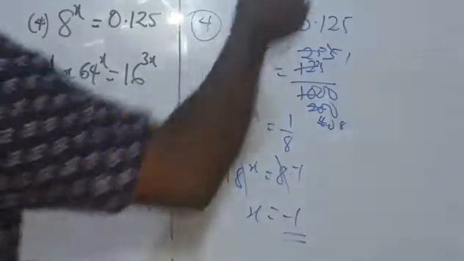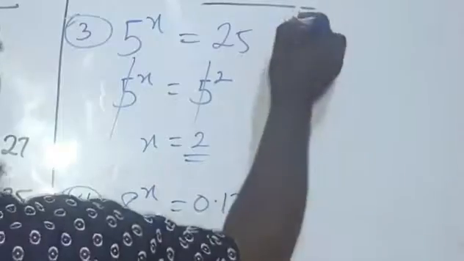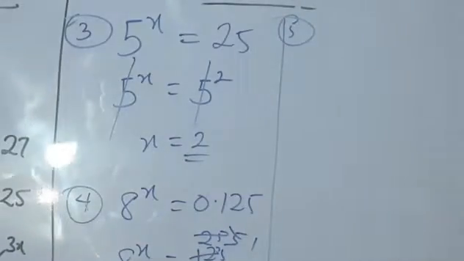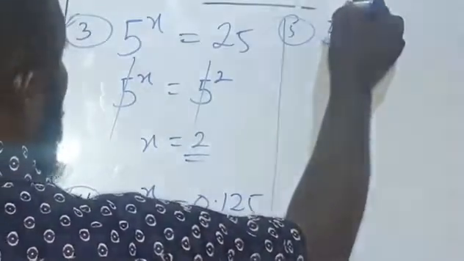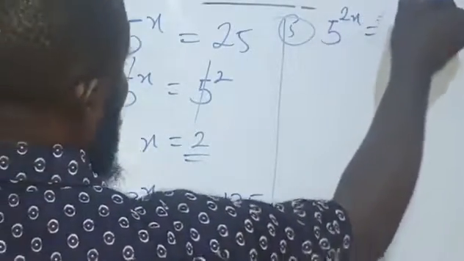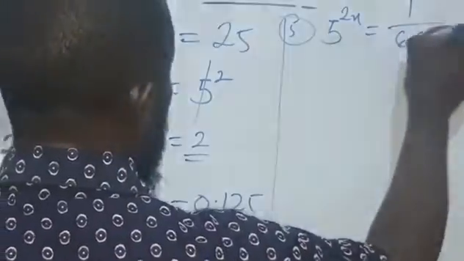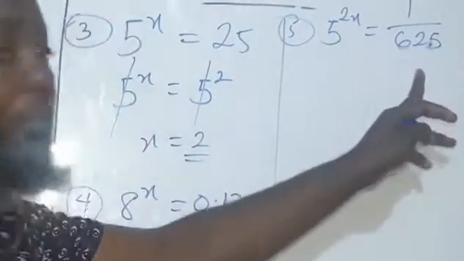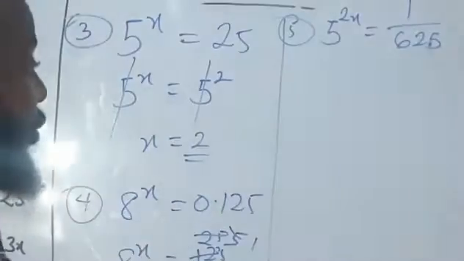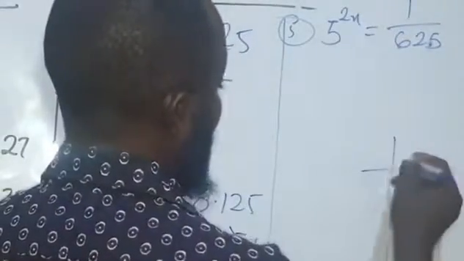Then the fifth question. We have 5 raised by 2x equals 1 divided by 625. As we have this one here, we can take this one to the power of 5. So what are we going to do? We just express it as a product of prime factors.